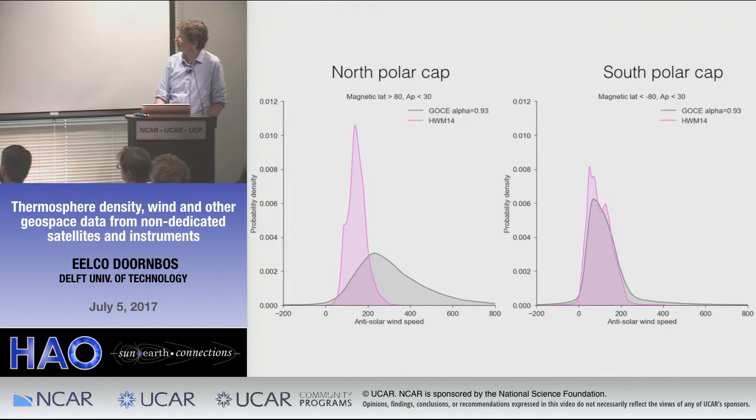But if you then compare it with the models, HWM 14 is the empirical model. It says that the distribution of the winds in the North Polar Cap is like this. TIE-GCM says it's like this. It's a general circulation model, so it takes into account a bit more weather type effects.